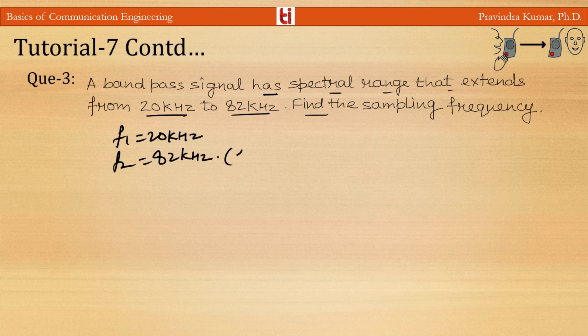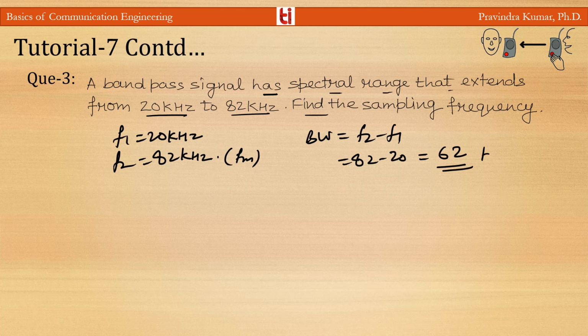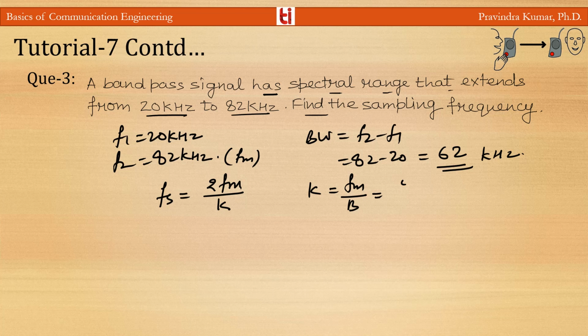This is fm. So the bandwidth will be f2 minus f1, 82 minus 20, equal to 62 kilohertz. The bandwidth is 62 kilohertz, so the sampling frequency fs will be 2fm by k, and you can calculate k, which is equal to fm by B. fm is 82 and the bandwidth is 62, so it is 1.32, or approximately 1.